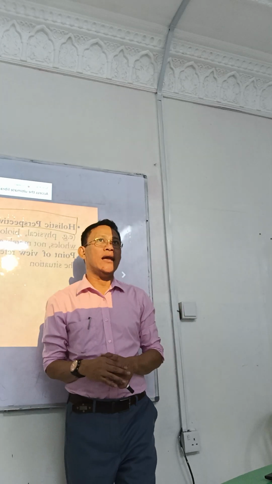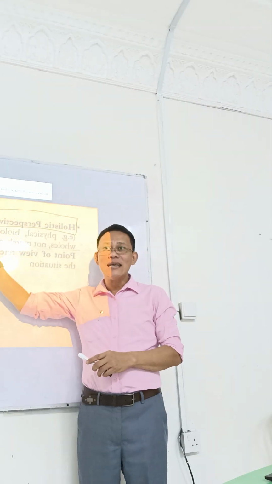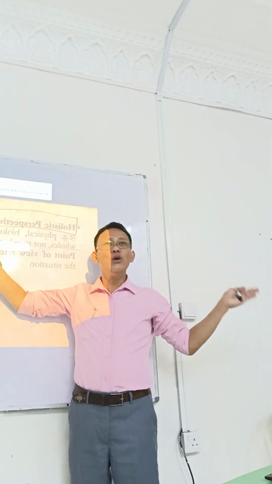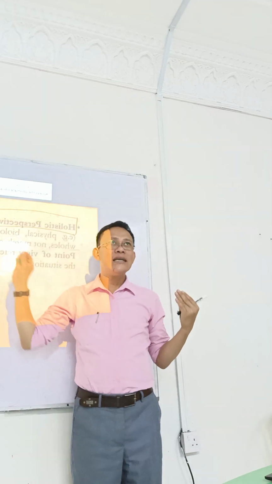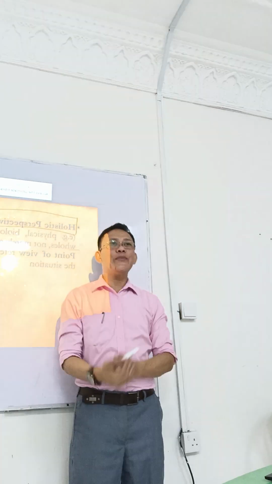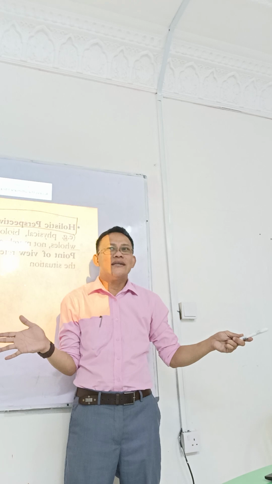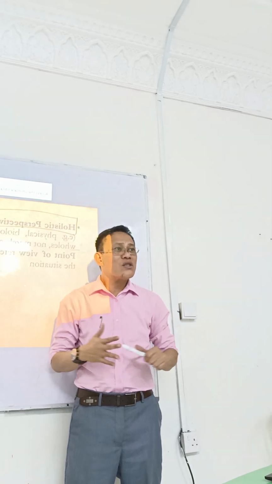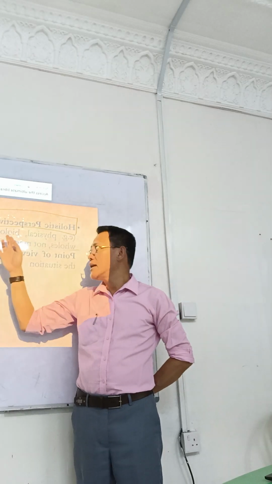For example, if you're working in one of the institutions like this, you have to be socialized. Deal with them. Don't be a loner. For example, there's a saying, no one is an island. So you cannot live in this world alone. So you have to be socialized.